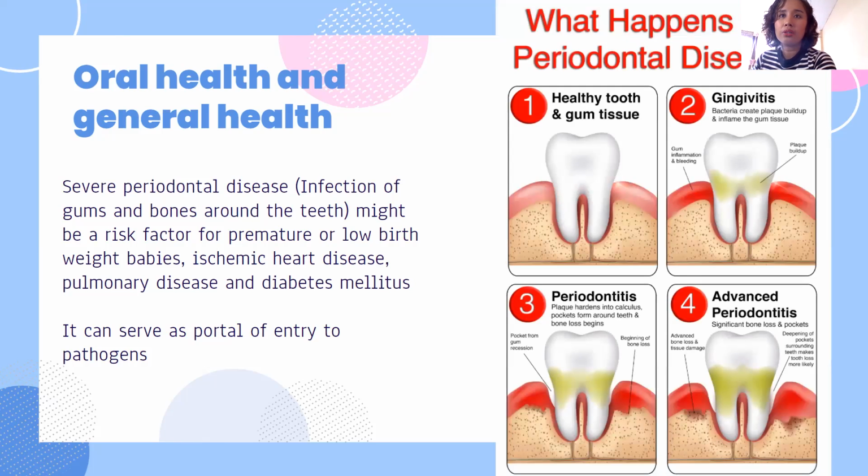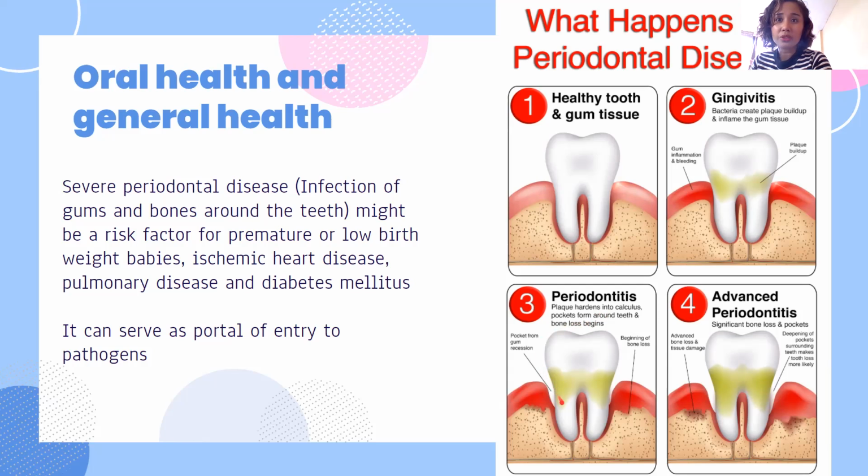So how does periodontal disease develop? It's the disease that affects your bone up to your gums. Nagsimula sa healthy tooth and gum tissue until there is gingivitis. There is buildup of plaque and inflammation of your gums and bleeding, up to periodontitis. Yan. So plaque hardens into calculus, so tumitigas.